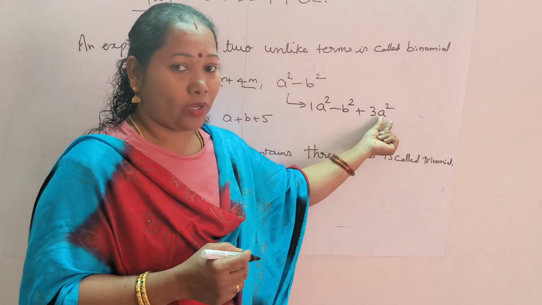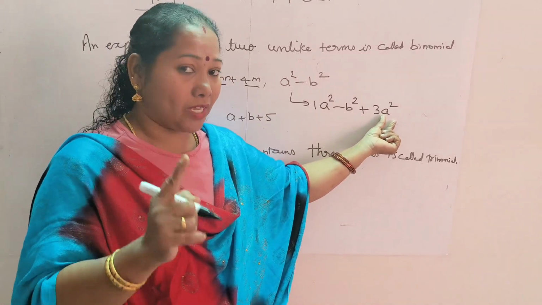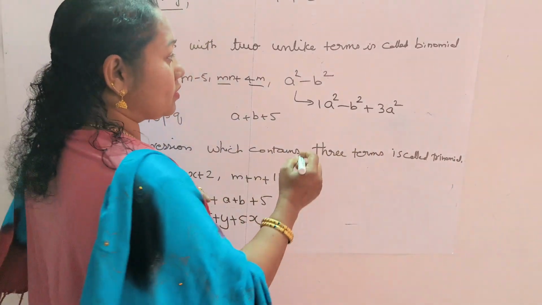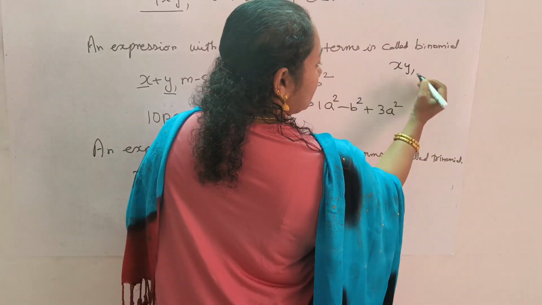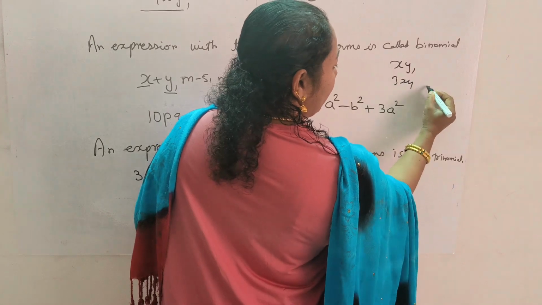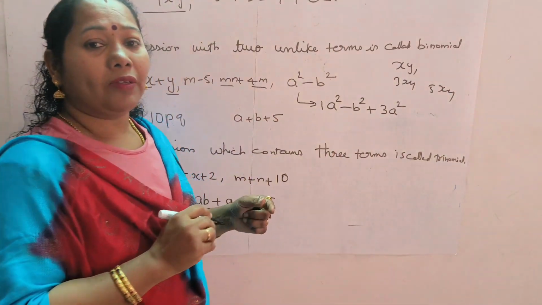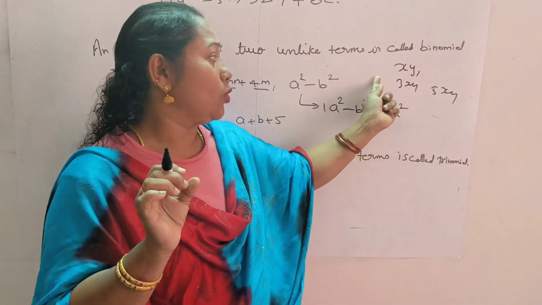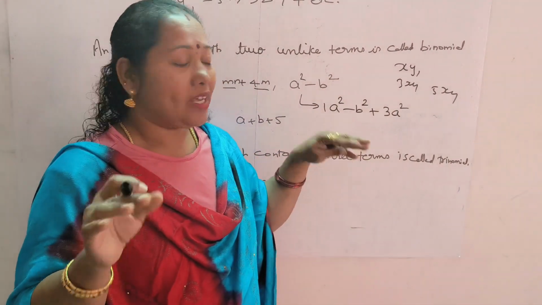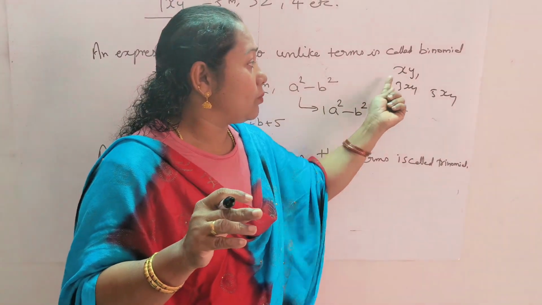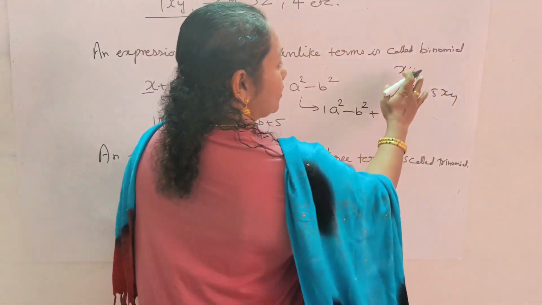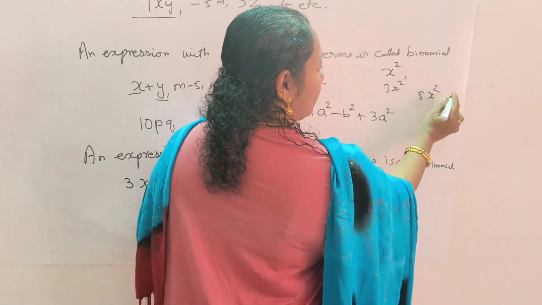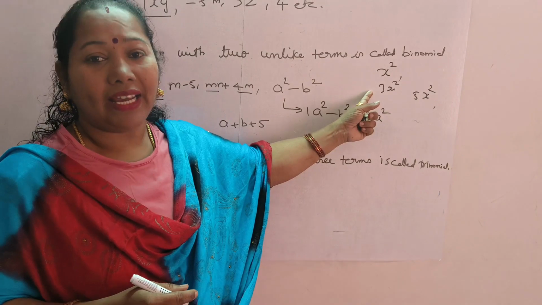When both are a squared, the variables are the same with the same power, then they are called like terms. That means if we write xy, 3xy, 5xy, these all are like terms. Like terms means their variables will be the same. The numerical coefficient is not considered, that is ignored. Only the variables should be the same. If we write x squared, 3x squared, 5x squared, these are also called like terms.